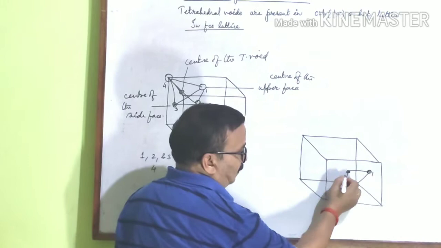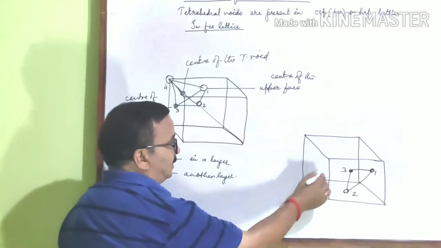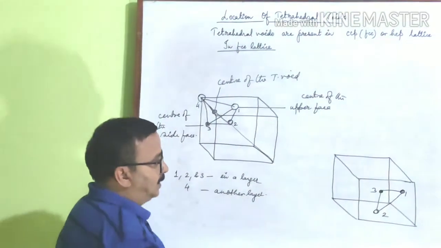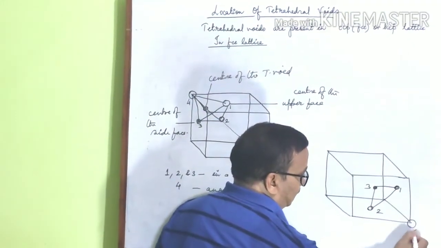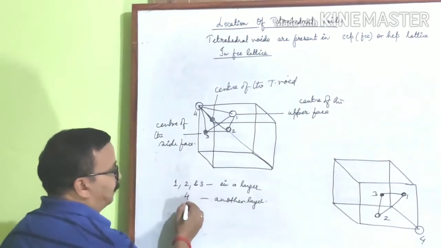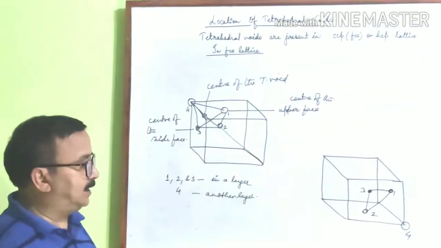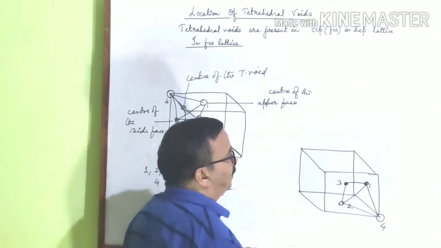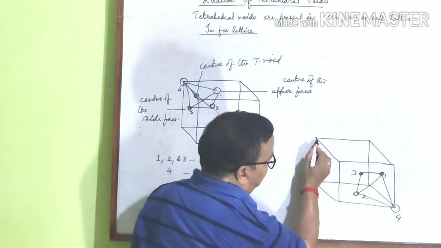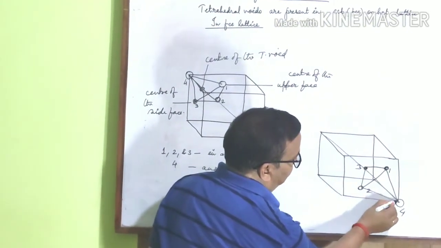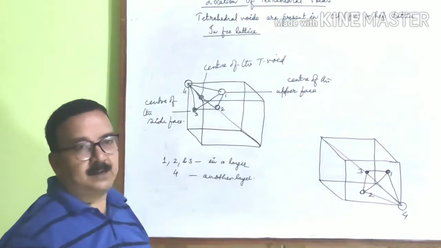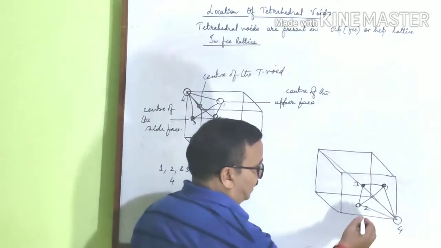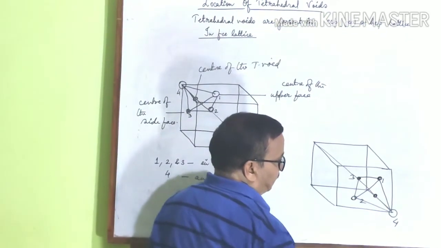Suppose these are spheres 1, 2 and 3. So again spheres 1, 2 and 3 are present in one layer, and this is the sphere number 4. So sphere 4 is present in another layer. If we connect these spheres, we find that a tetrahedral structure is formed, and the center of this tetrahedral void again lies at the center of this tetrahedron.